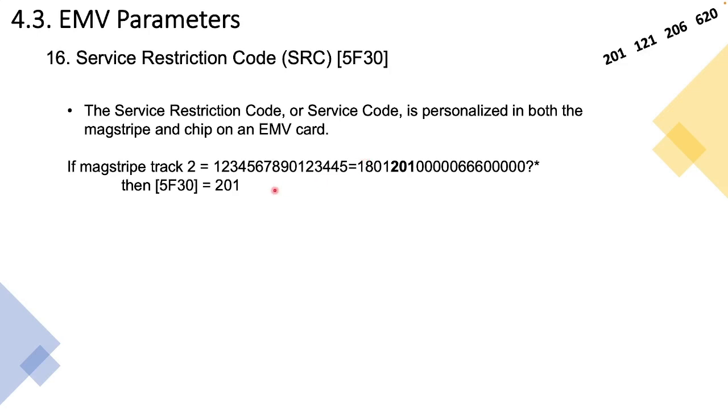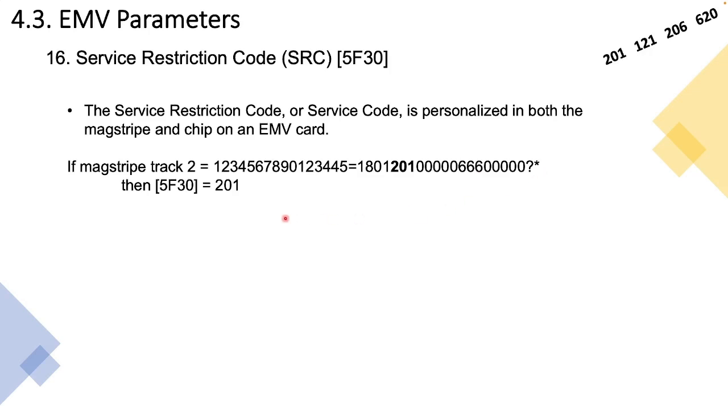Okay, so let's assume that we have a mag stripe card. On the mag stripe we've got a track 2 value of 1 2 3 4 5 6 7 8 9 0 1 2 3 4 4 5 with a little space, and then we've got that's your expiry date, and then the next 3 characters are your service restriction code on your mag stripe. And then you'll have some discretionary data, and then you'll have your CVV or CVC value and more discretionary data there.